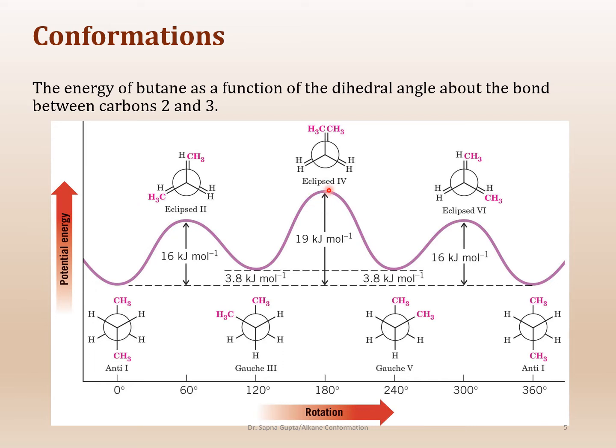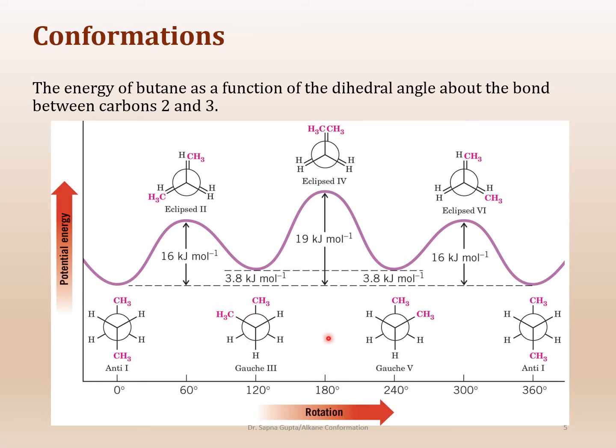So very high energy, and then again one other rotation comes down, and then another rotation gives you eclipse, one more rotation, and this structure is the same as the first one, the anti. These two structures down here, these are known as gauche because the CH3s are next to each other, but not really behind each other or eclipsed with anything else.